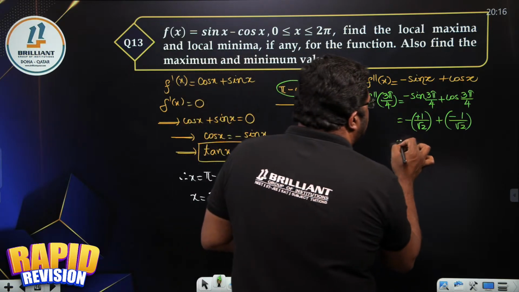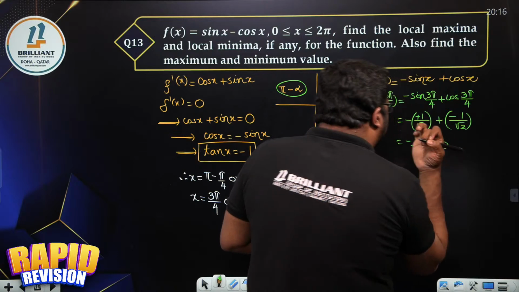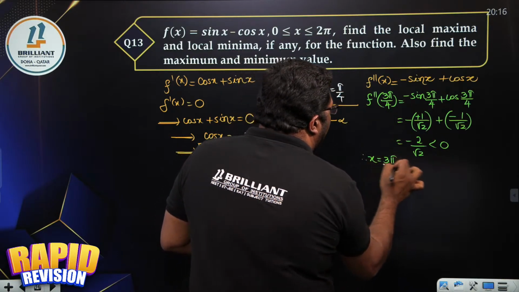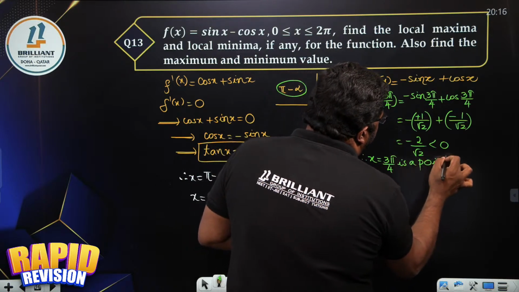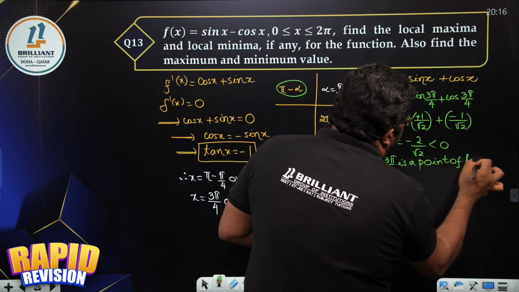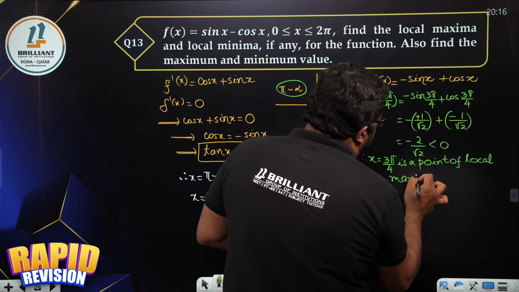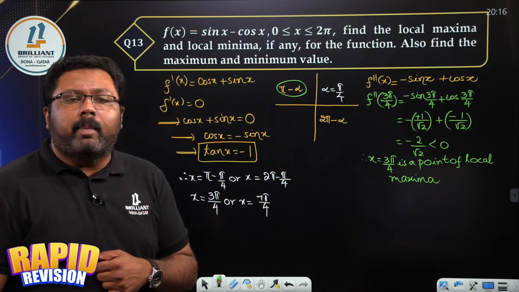So the answer is minus 2 by root 2, which is less than 0, no doubt. So therefore x equal to 3 pi by 4 is a point of local maxima. So I got a point of local maxima, which is 3 pi by 4.